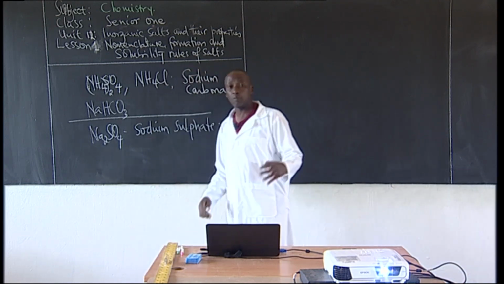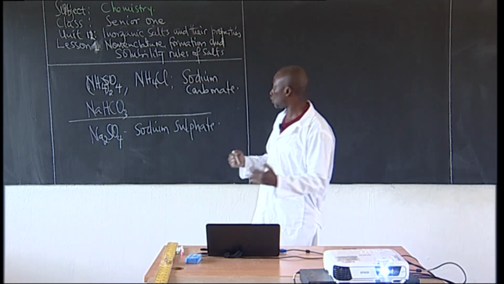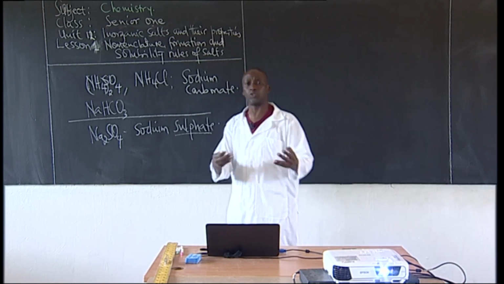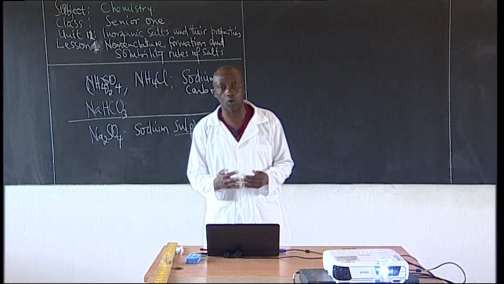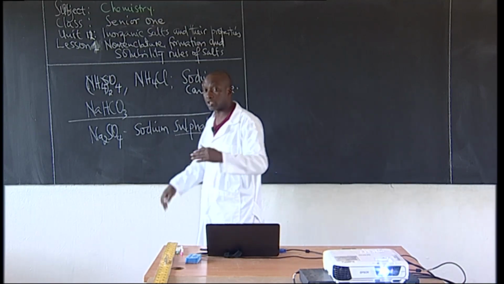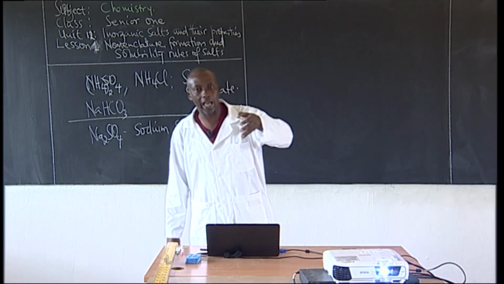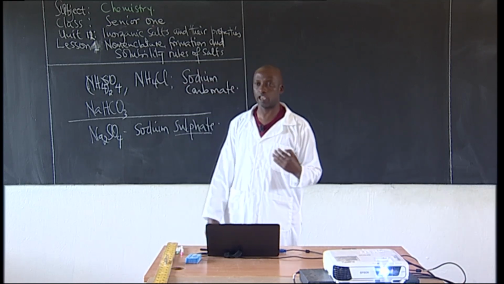It is very important to note that this sodium sulfate is formed from the acid that contains the sulfate. That radical, this sulfate radical, is coming from the acid. So they are named from the acids they are being derived from.